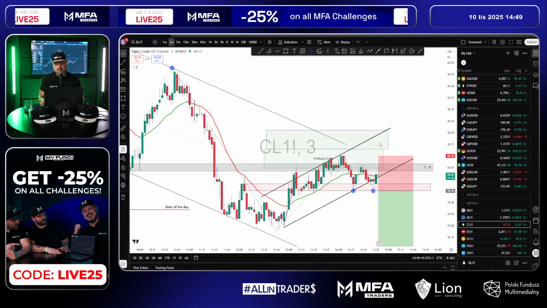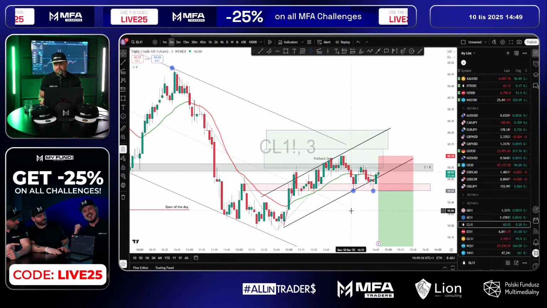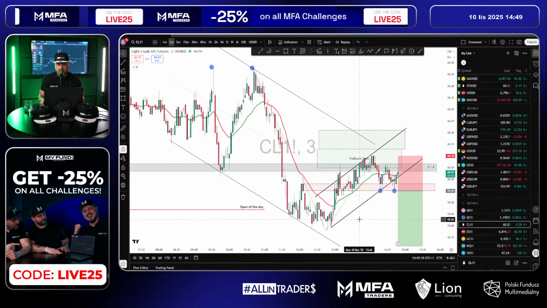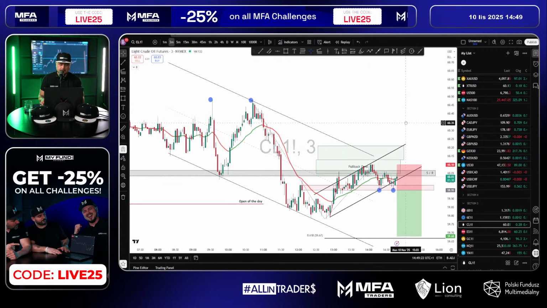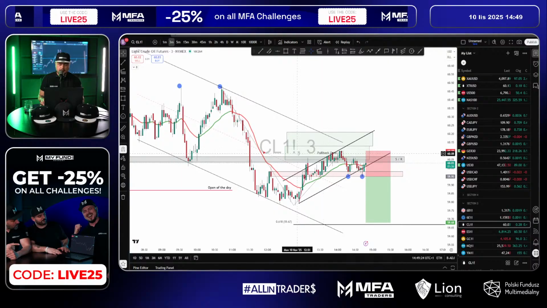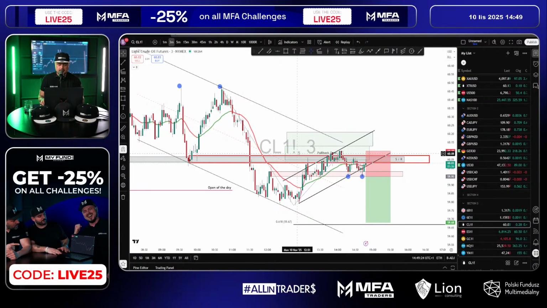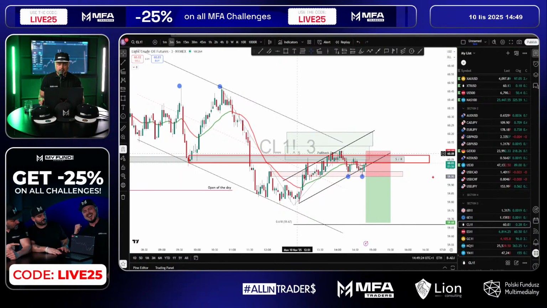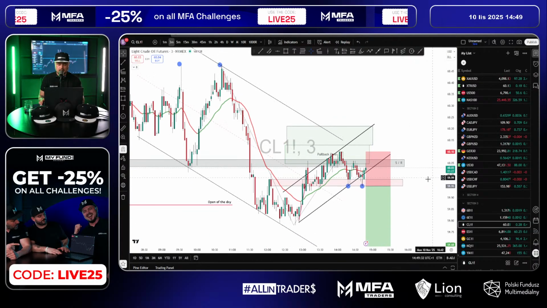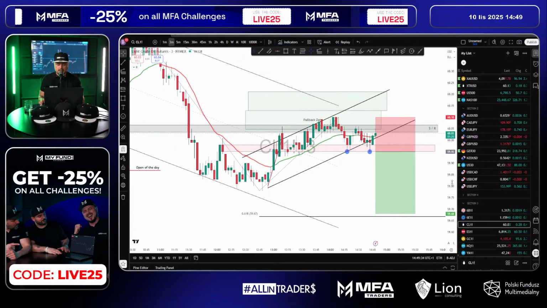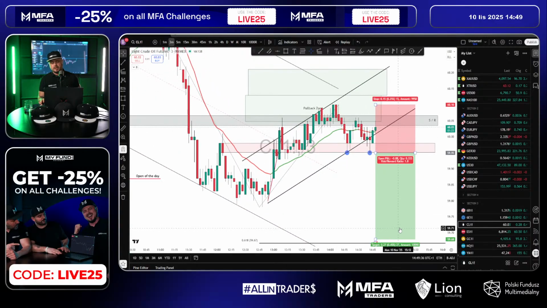I put this into my trading journal and nothing else. We can still see that the price is holding by the support resistance zone. Now let's go. One strong bearish candle. Come on.